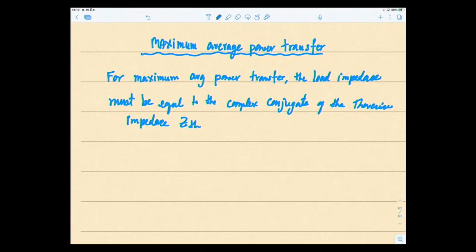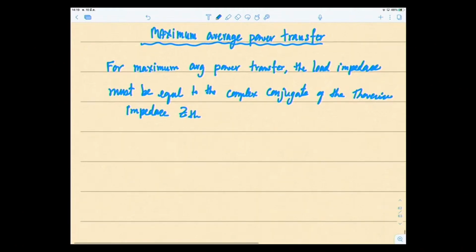So before the midterm, when we were doing DC, we were saying that if you have a circuit with a load connected to a voltage source, the source consists of an ideal voltage source and an internal series resistance, RS.